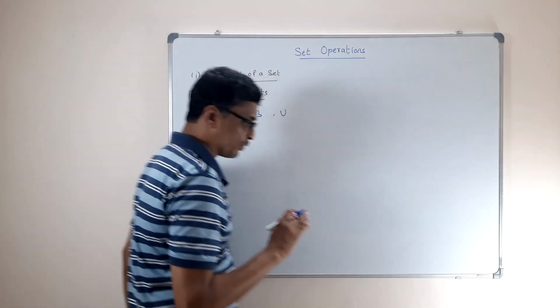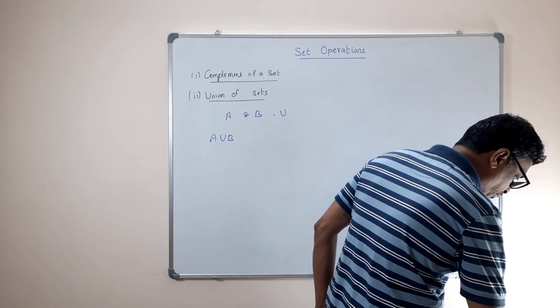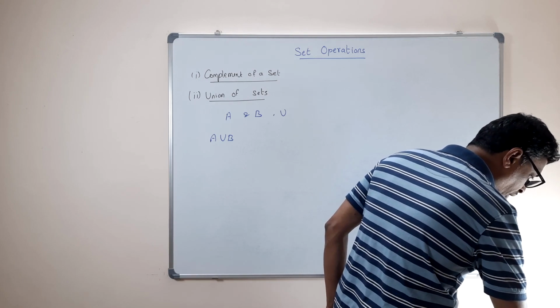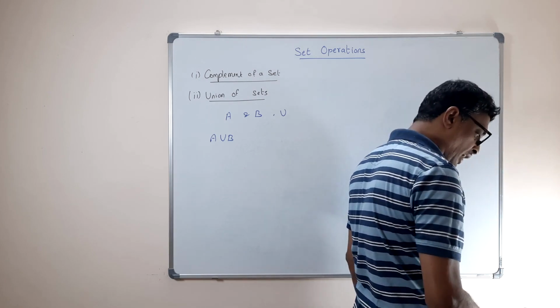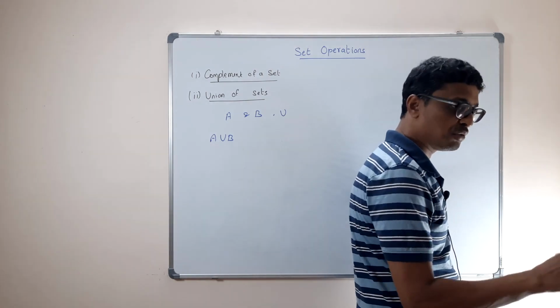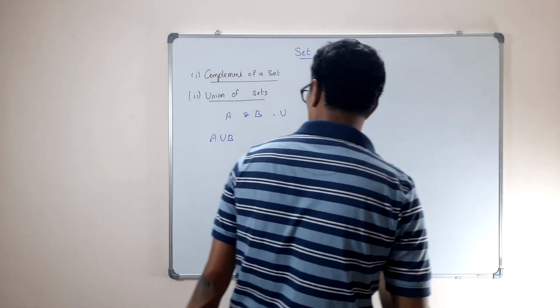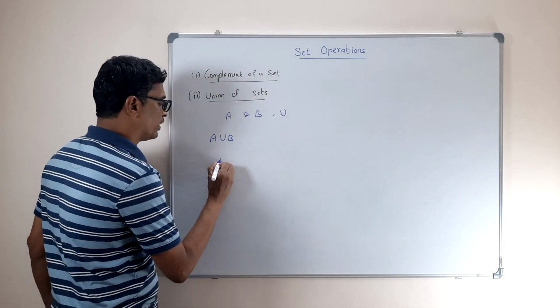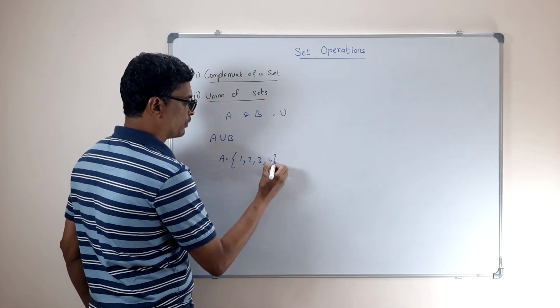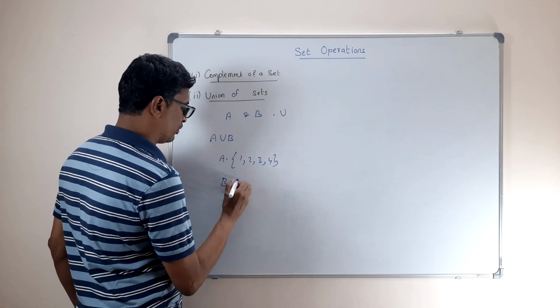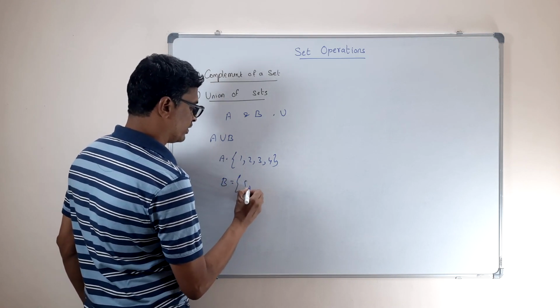The union of 2 sets A and B is a set of all elements which are in A or in B. So for example, let A be equal to 1, 2, 3, 4 and B be equal to 5, 6, 7.